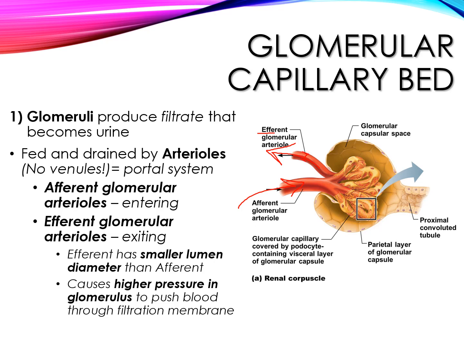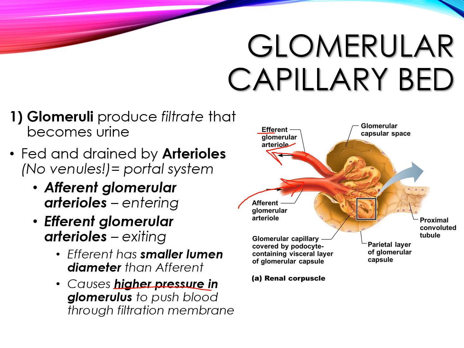But the important part about this system is that the afferent arteriole coming in is a lot bigger in diameter than the efferent arteriole coming out. If that efferent arteriole, the exiting one, is a lot smaller in diameter, it's going to cause a backup of pressure in that glomerulus.